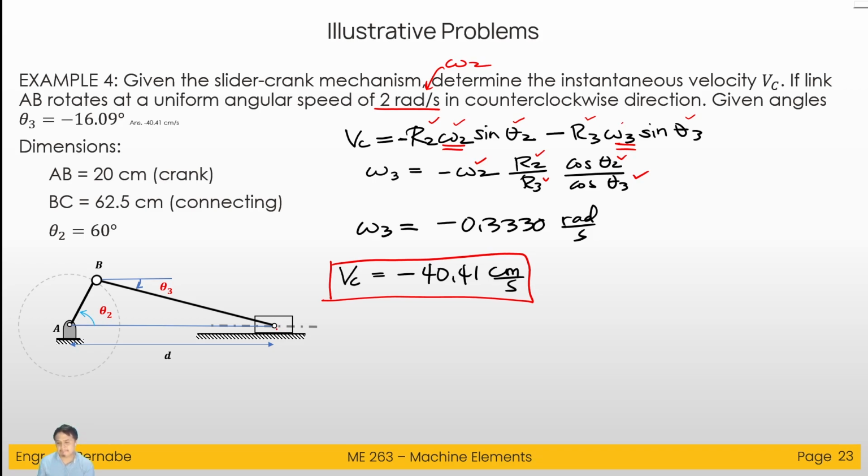We have here an infinitely long link, so if it is rotating clockwise, that should be wrong. So it should be moving to the left, which is why VC is negative. It should be negative because it is going to the left.